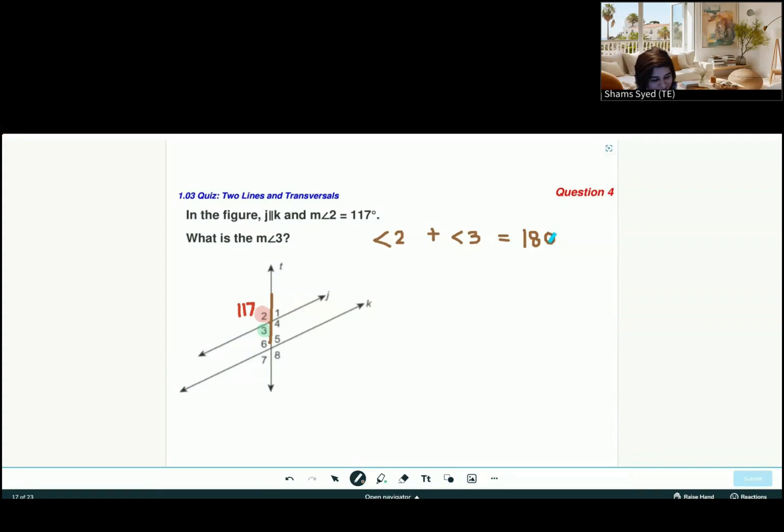You guys already know the answer, 63. That is correct. If I'm going to say that angle 2 is 117, then what you guys are telling me, that angle 3 is supposed to be 63, I can agree to that because if I add them, I get 180.